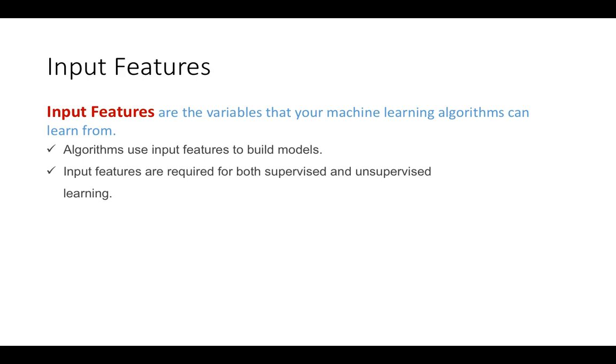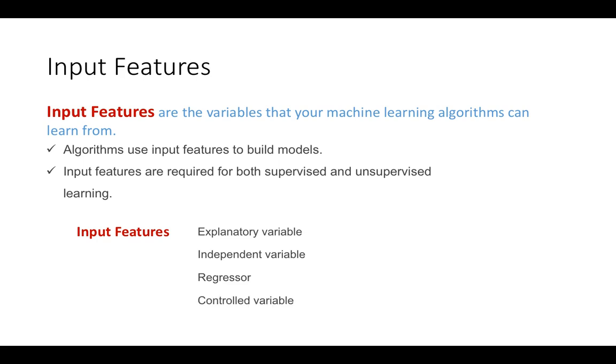We will learn what supervised and unsupervised learning are a little later, but let's focus on what an input feature is. A lot of times it is also called explanatory variable, independent variable, regressor, controlled variable, driving factors. These are a variety of terms people use to refer to input features. But in this class we will keep on talking about input features.